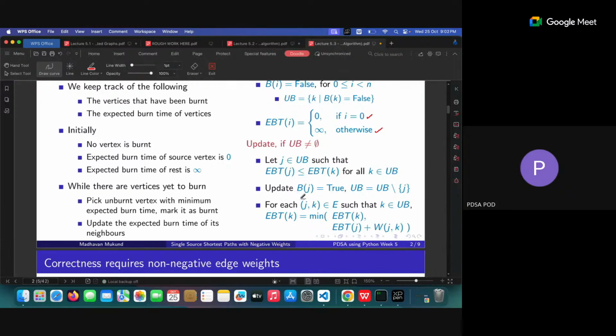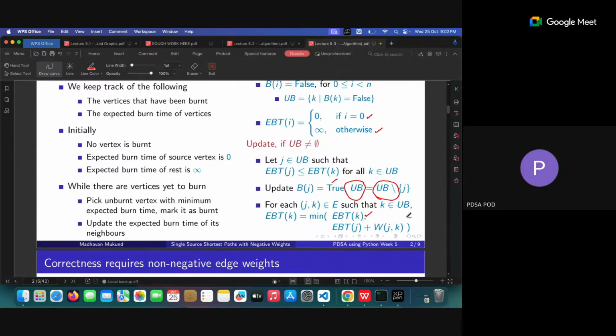So whenever you update the burning time, j is burned and subtracted from the set of unburned vertices. We update continuously for each j and k, selecting the minimum of the expected burn time of k and the expected burn time of j plus w of jk.